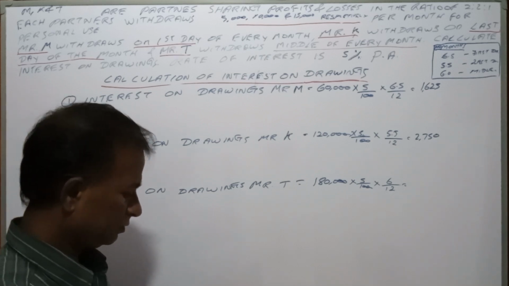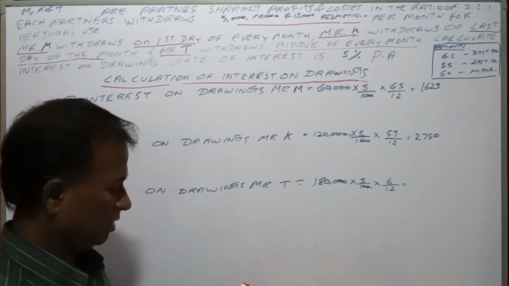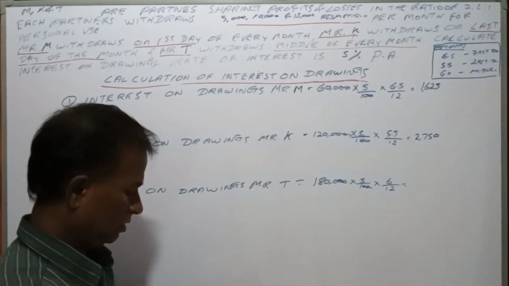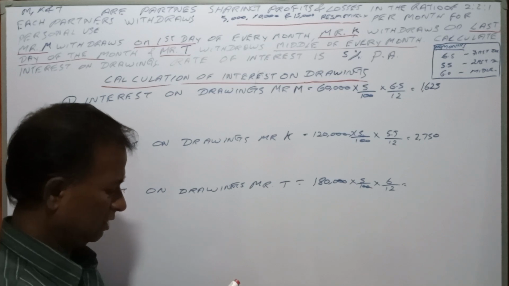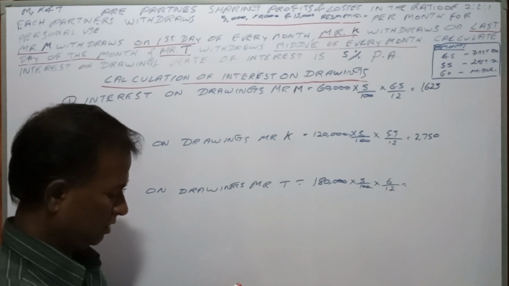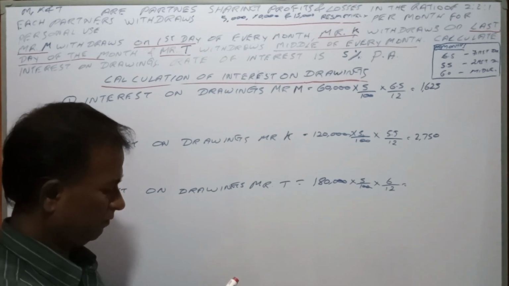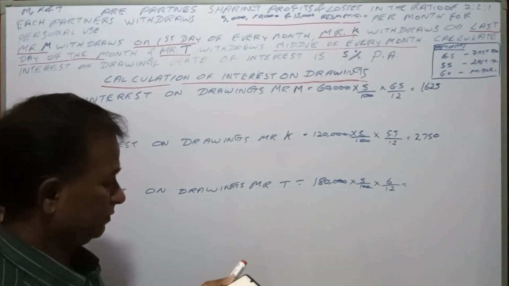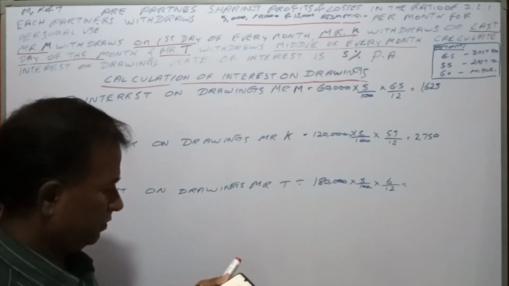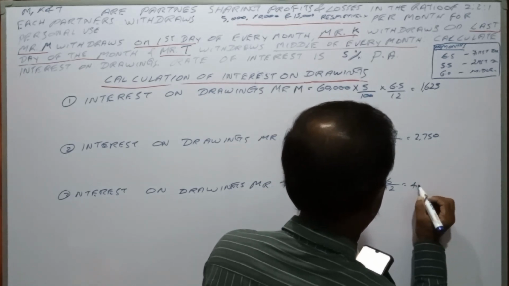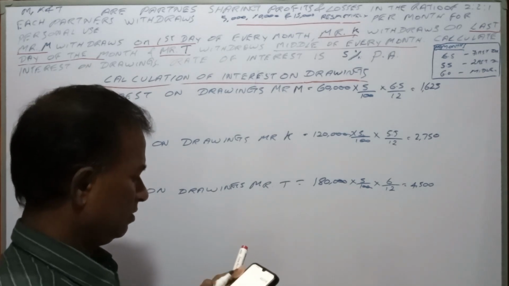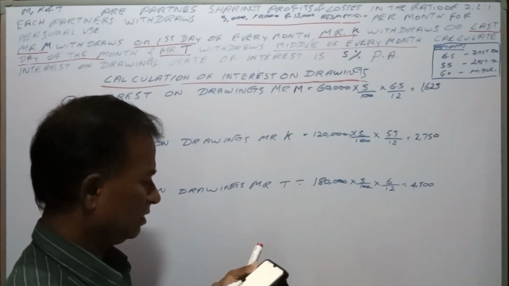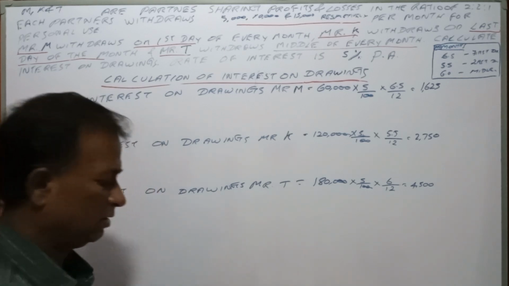Like that 1,800 multiplied by 5, multiplied by, no, not 5.5, sorry, 6, divided by 12. 1,800 into 5 into 6 divided by 12, right? 4,500.